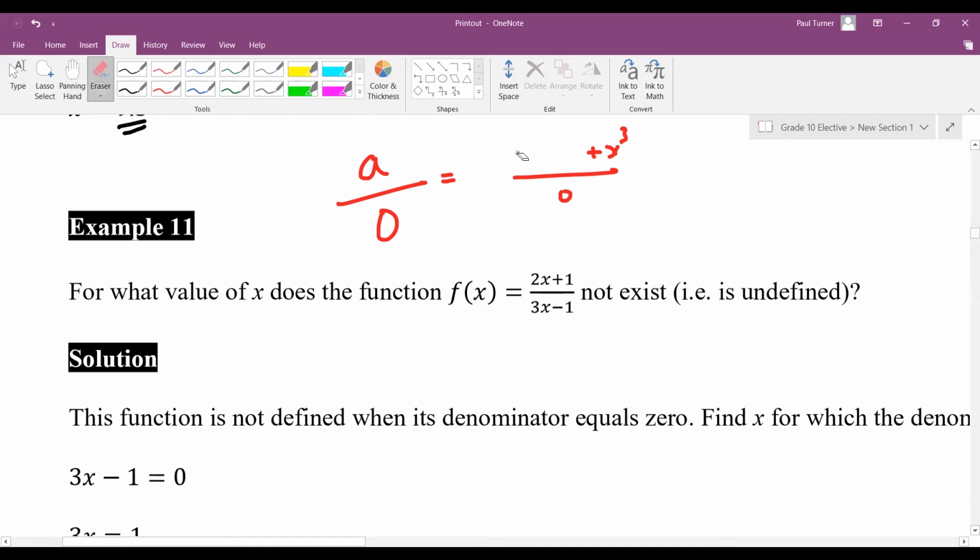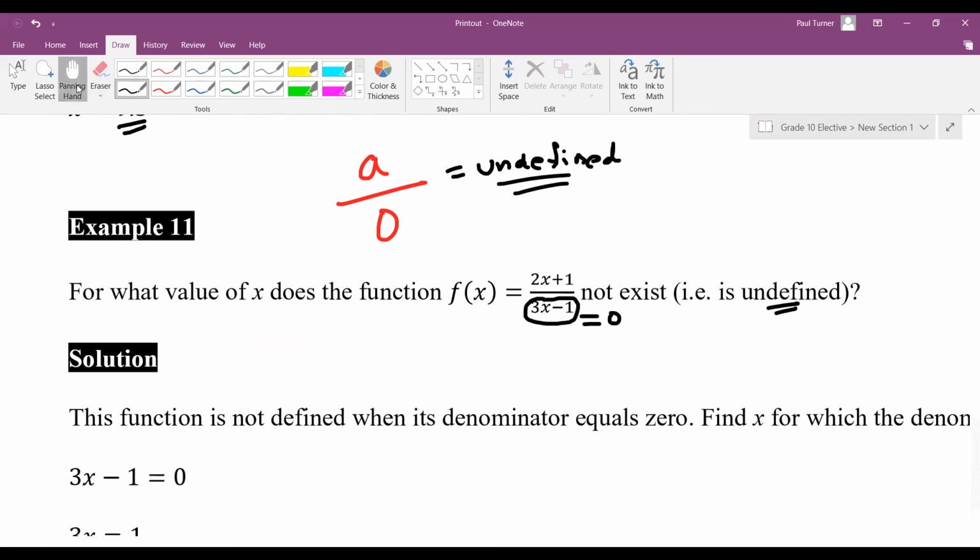So whenever you're dividing anything by 0, it will be undefined. So if our function has 0 down here, this function will be undefined.